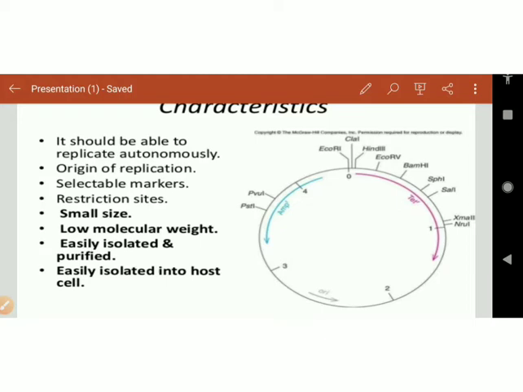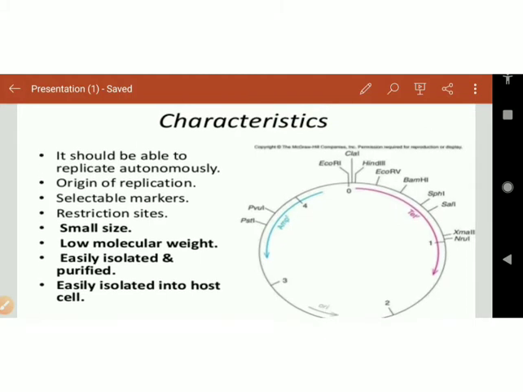These are the characters of a good cloning vector, and they are asked many times in the exam.